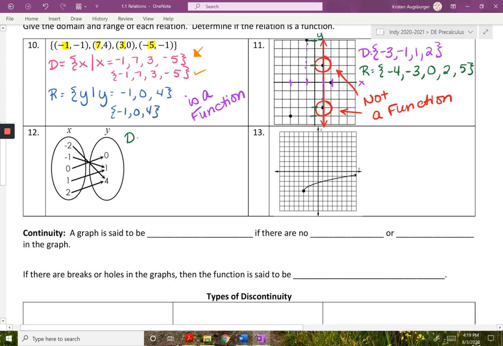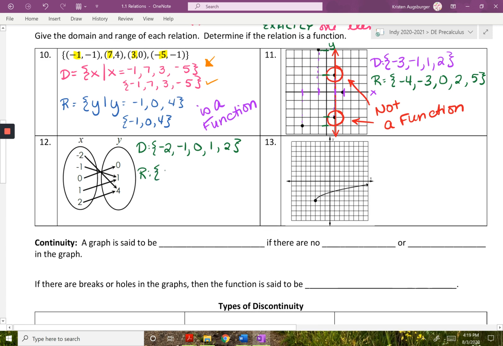For my domain, remember, the domain is everything that's in your x, the start of each pairing. What would the range be? 0, 1, 4.